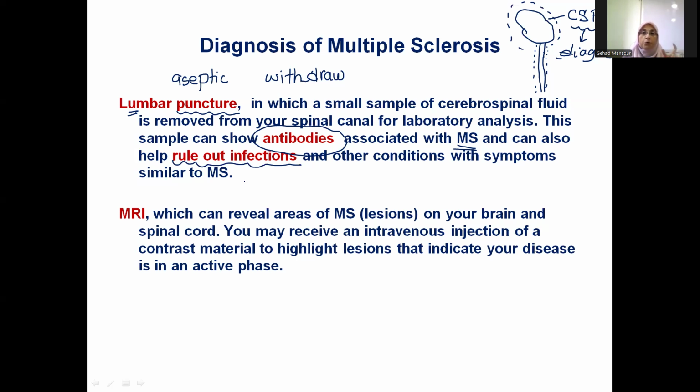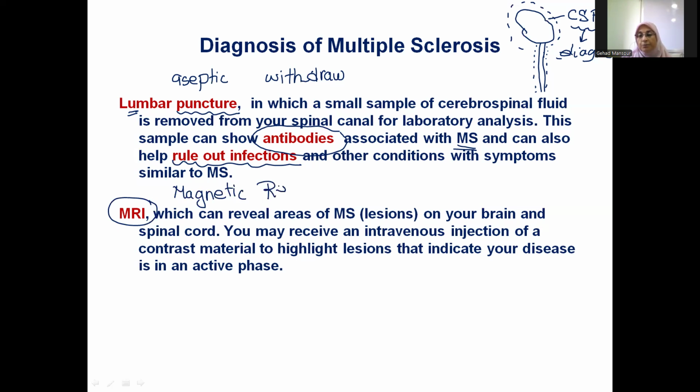So if you don't find the signs of infection when you examine the cerebrospinal fluid, and you find the antibodies, then it is definitely an autoimmune disease. And if you find the antibodies against multiple sclerosis, then it is definitely multiple sclerosis. You can confirm this by doing MRI, and the MRI stands for magnetic resonance imaging.